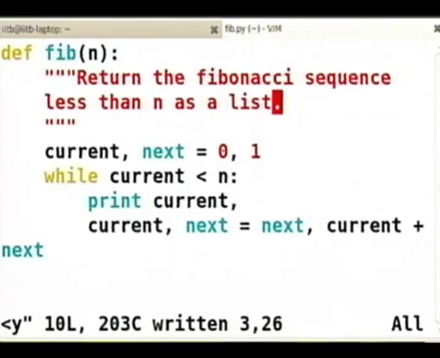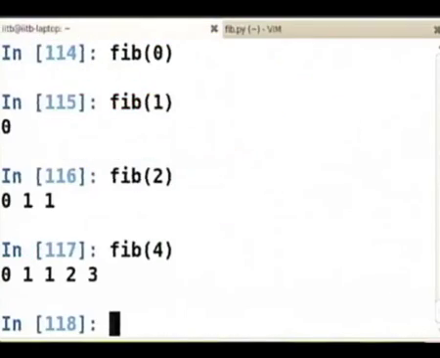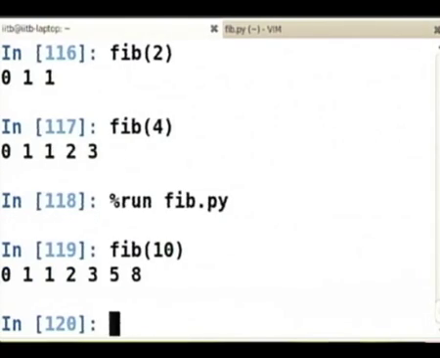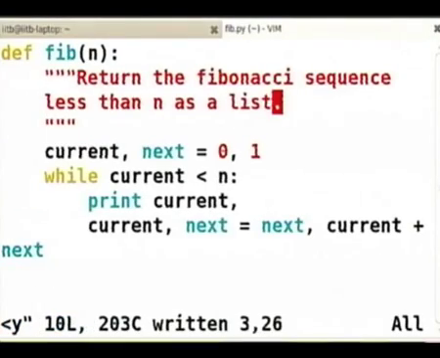This should be very easy to do, but please take the time to actually do it and test it out by doing run fib.py and calling it. Right now it is still printing, you have to make the modifications to return a list. Please do this.